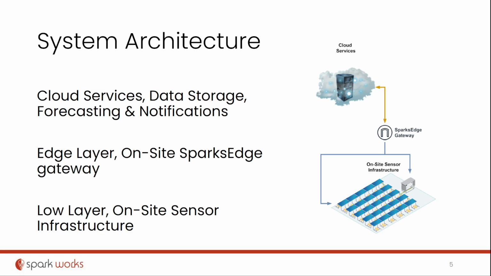In the middle layer, we have the edge infrastructure that is collecting data from all these on-site sensors and transfers this information to cloud services where we can do forecasting and store the data we record, and also provide notifications to the owners of the installation and forward the information we collect and generate to grid maintainers in order to take our forecasts into account.